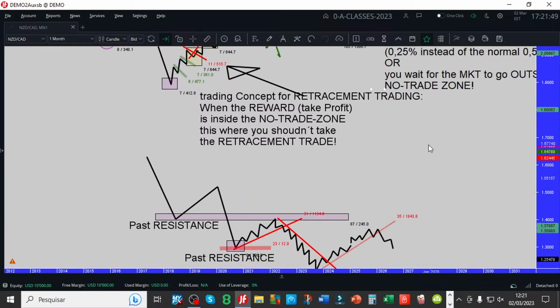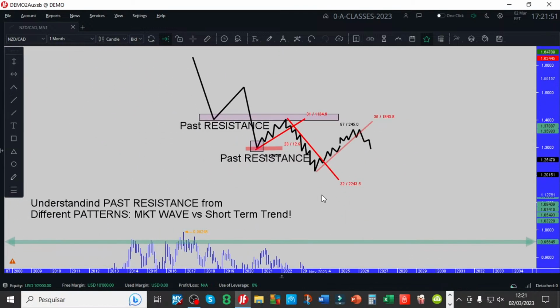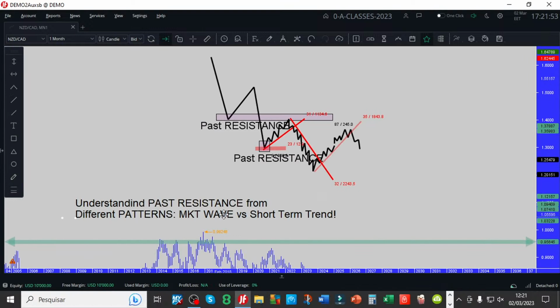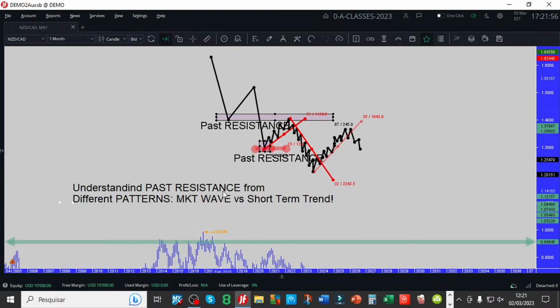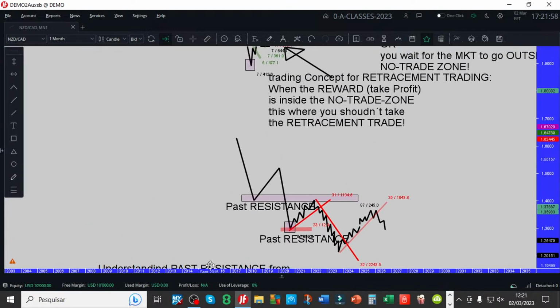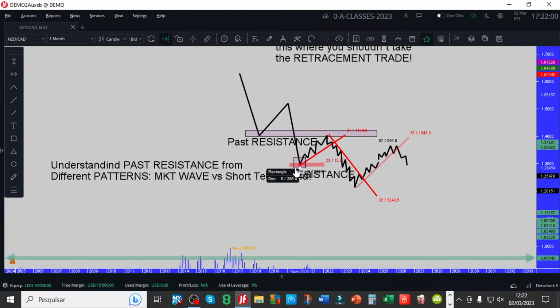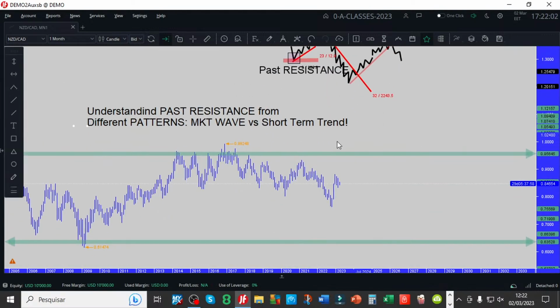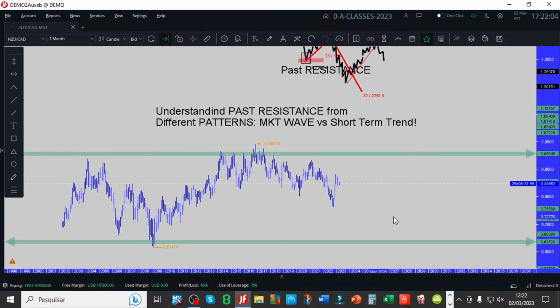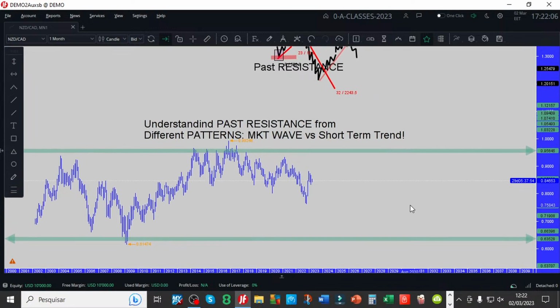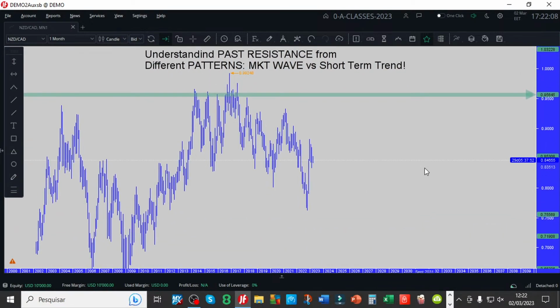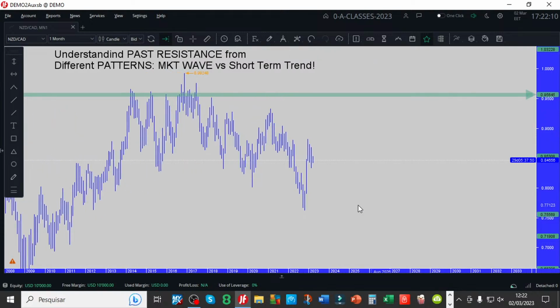Okay, everybody. Now, before we talk about past resistance from different patterns, let's look at NZD CAD.